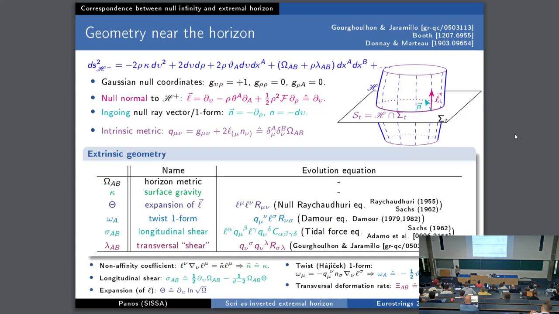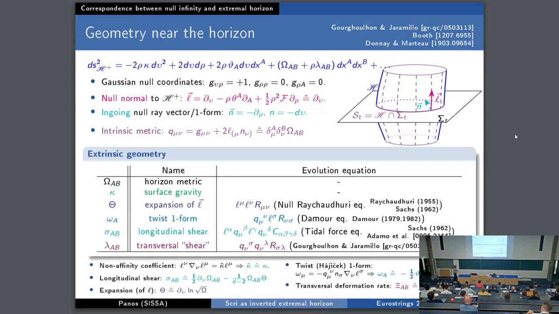A quick review of the physics near the horizon. One can always write the geometry near the horizon locally as an asymptotic expansion around the distance from the horizon. This expansion takes this form using the Gaussian null coordinate system to keep things simple, and it is an expansion in the coordinate rho, which is like a distance from the horizon.